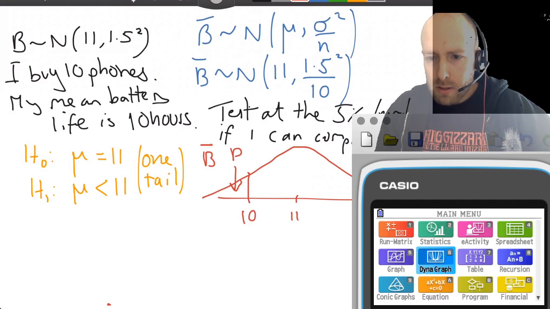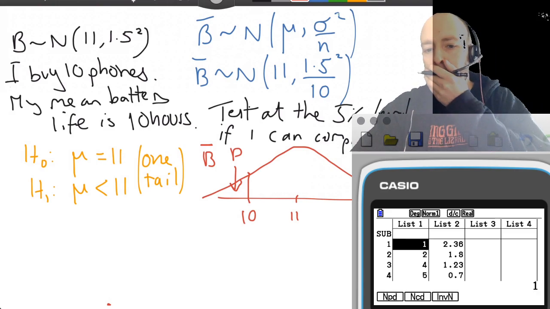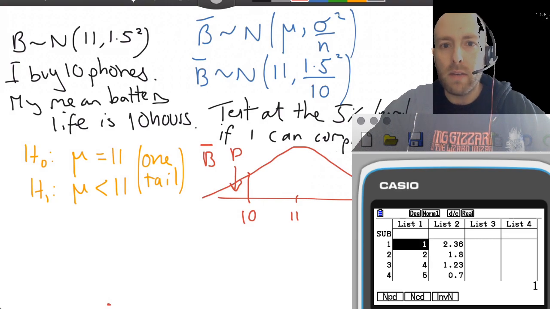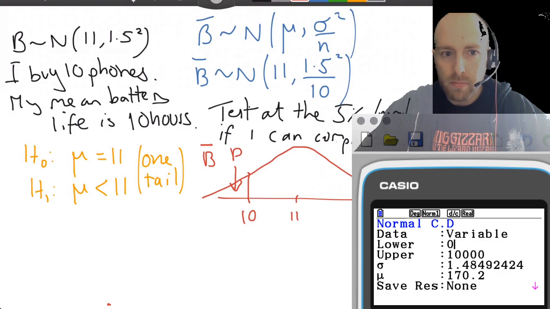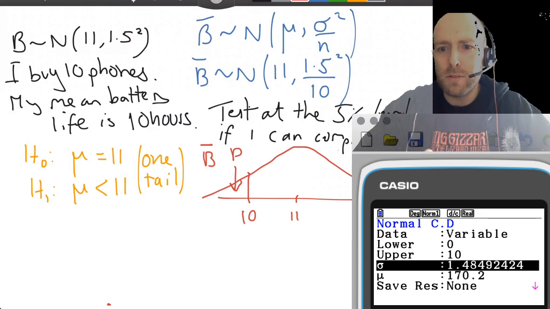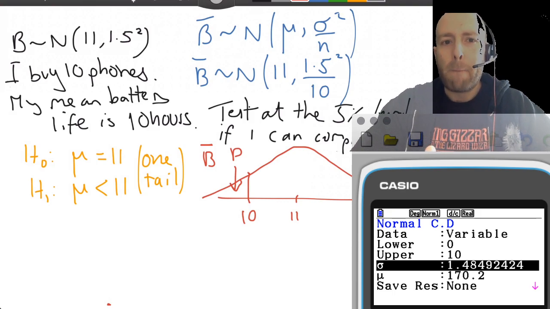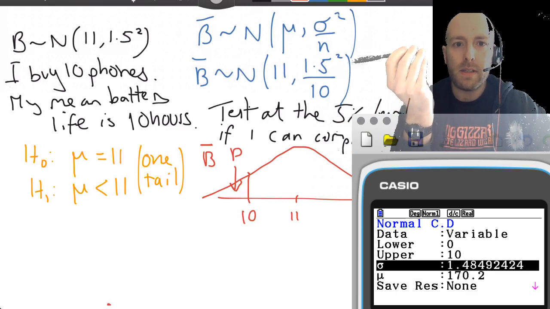All right, so we're going to go to statistics. Oh dear, I've got no room here. So go to statistics, go to distribution, and we're looking at normal distribution. We're doing an NCD because I know the values and I want to find the probability. My lower value, we put in 0. Upper value, 10. Sigma, this is important, pay attention to this. What's in this table here is the variance.